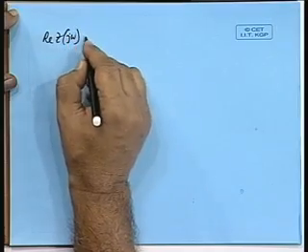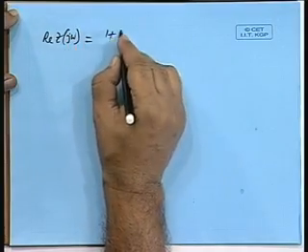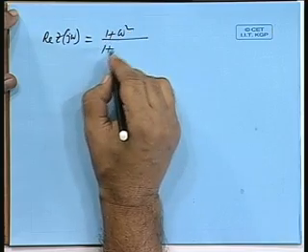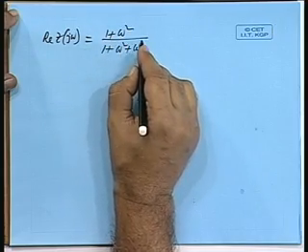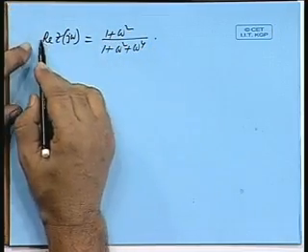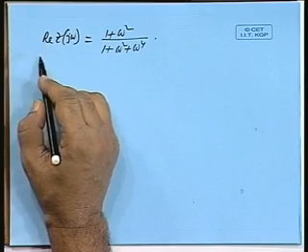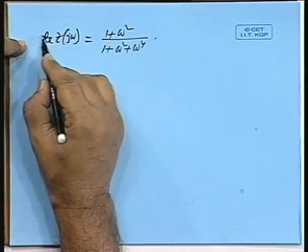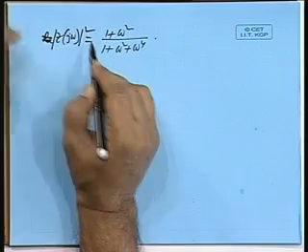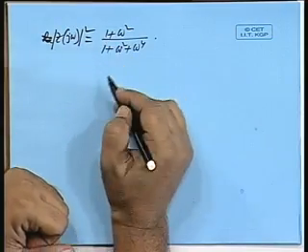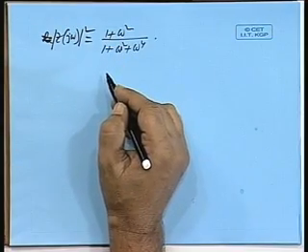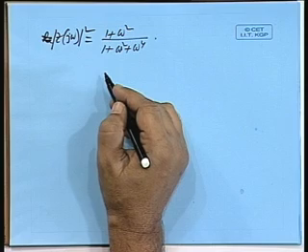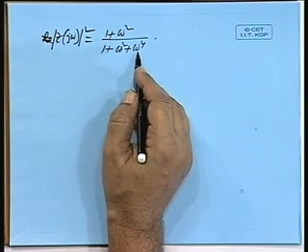Suppose real Z j omega equal to (1 plus omega squared) by (1 plus omega squared plus omega to the power 4). Earlier real Z was given. Suppose this is magnitude squared, then what will you do? Have you understood?